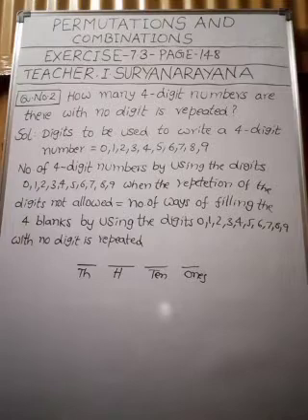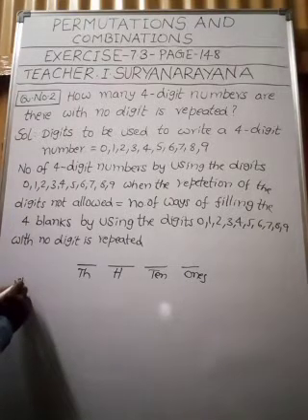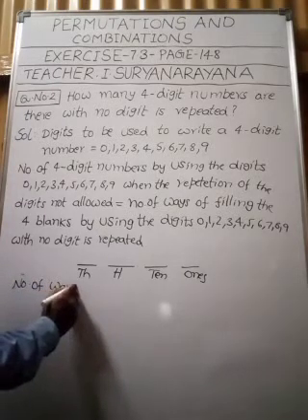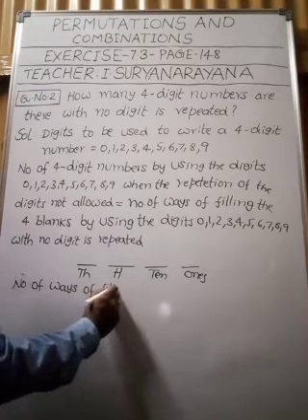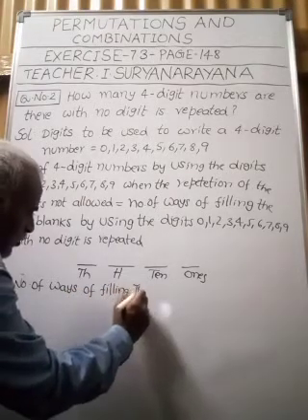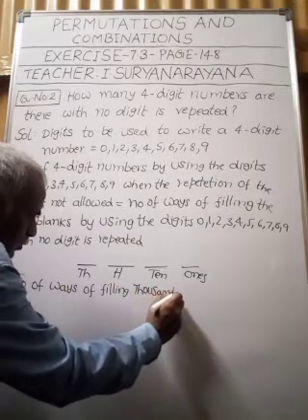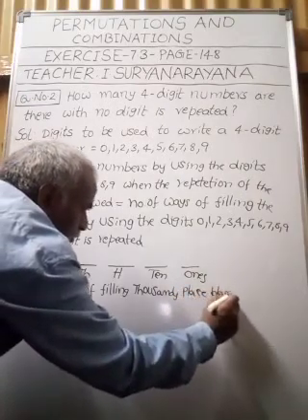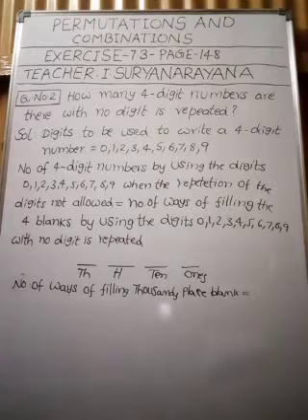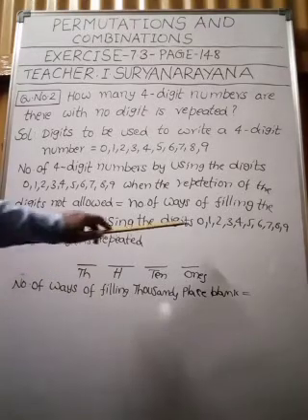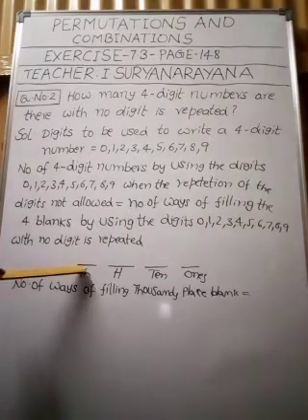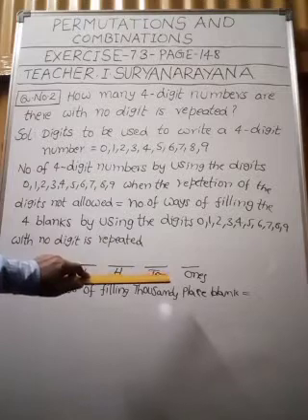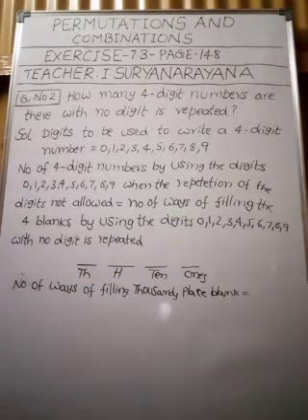Okay, my children. Now first blank, number of ways of filling thousands place blank. In how many ways can we fill this blank? Can we write here 0? If you write here 0, is it said to be a 4-digit number? No. You have to think this logic, my dear children.